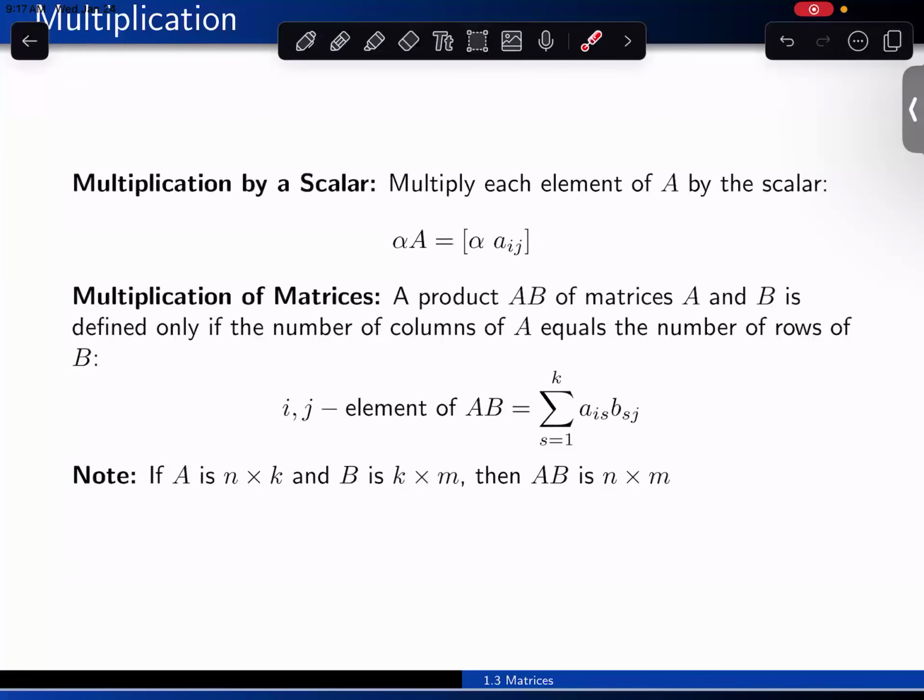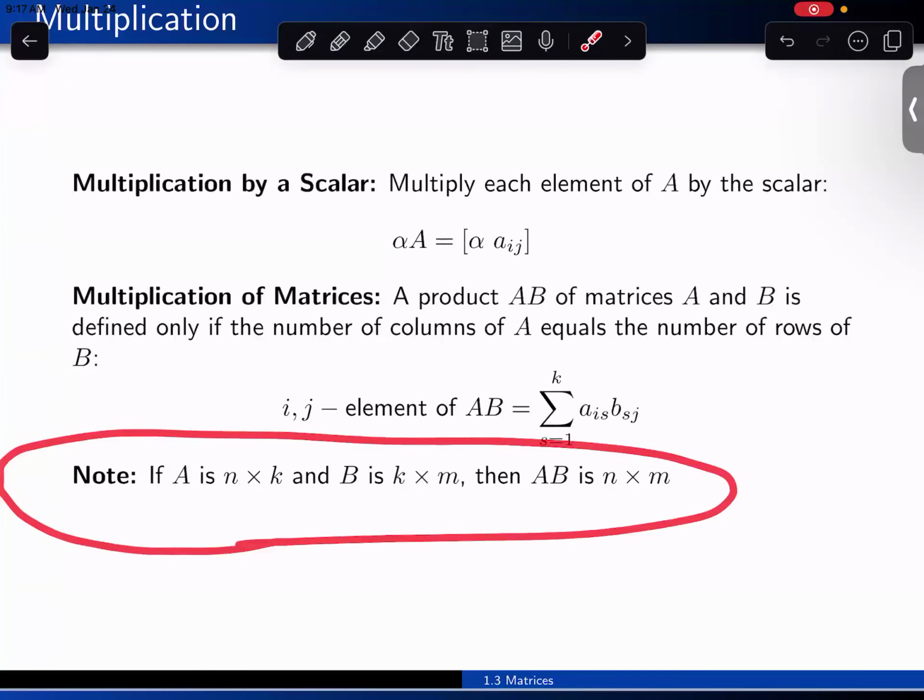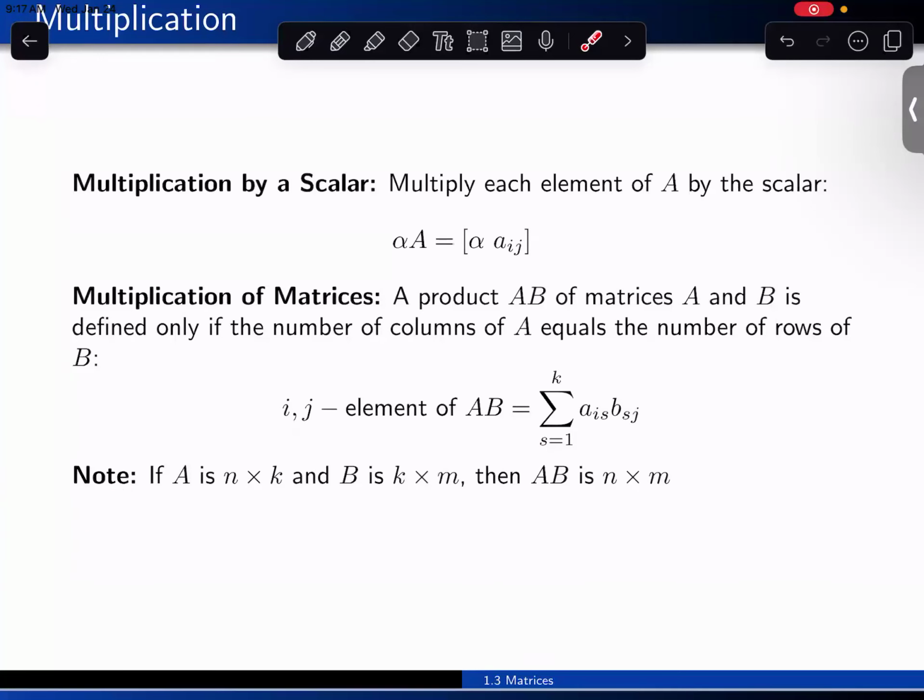And so this is a really important note. Again, as I said before, in order for you to be able to multiply two matrices together, the number of columns of the first matrix has to be equal to the number of rows of your second matrix. So these two numbers have to be the same.